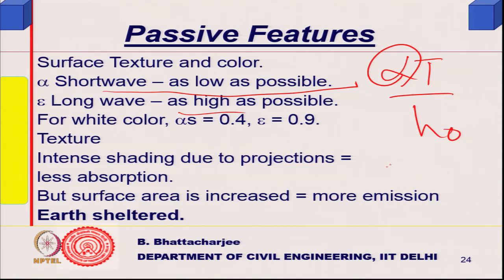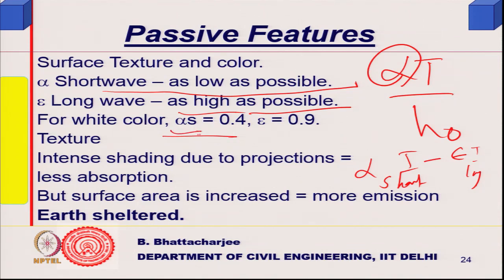But also when we try to find out the solar temperature, remember we said alpha short wave I minus epsilon long wave, right, but this I is not very large actually. So, epsilon long wave should be as high as possible.